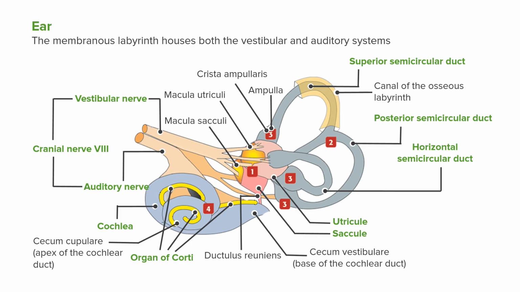2 there, labelled, shows you the semicircular canals, and a little illustration at the top just reminding you that this membranous labyrinth is enclosed in the osseous labyrinth and surrounded by perilymph. As I explained, each of those semicircular canals has a dilation called the ampulla. And within each of those ampullae are the crista ampullaris.